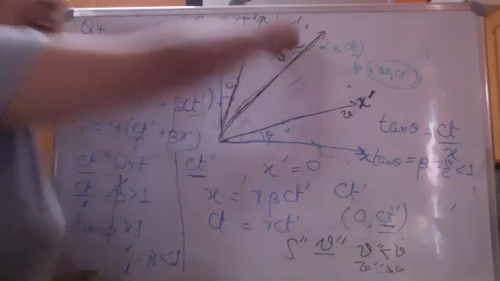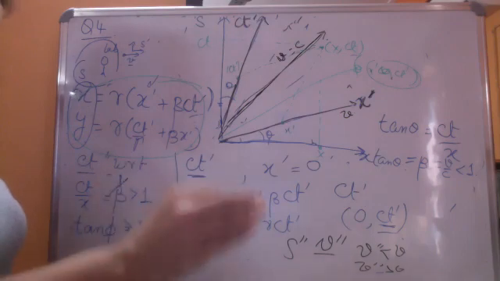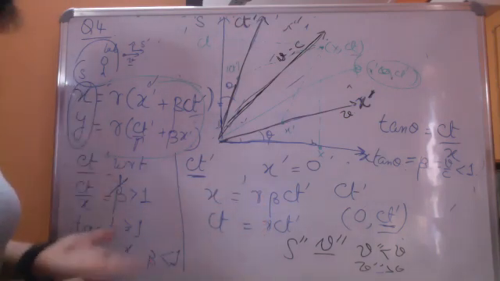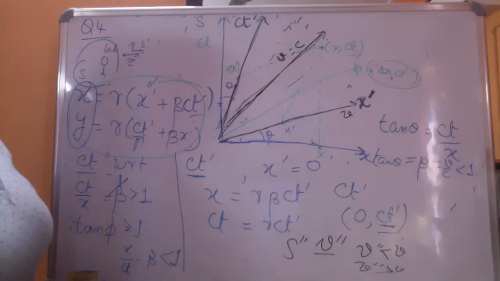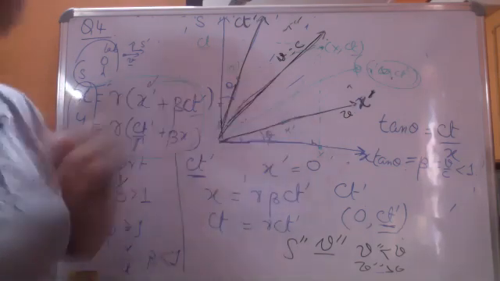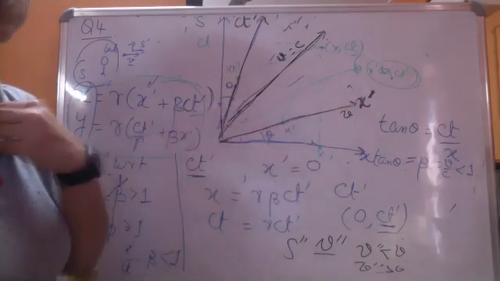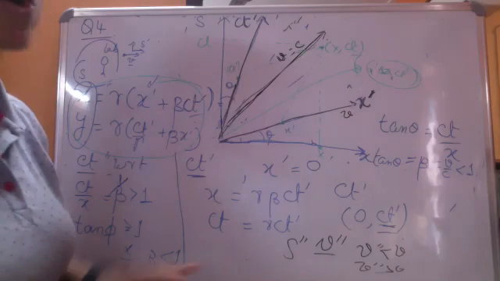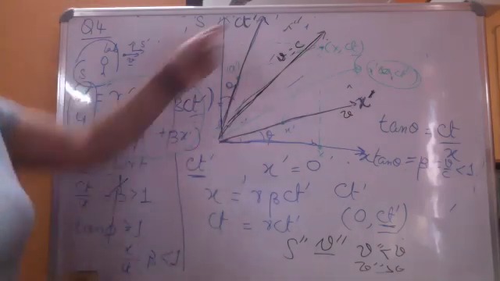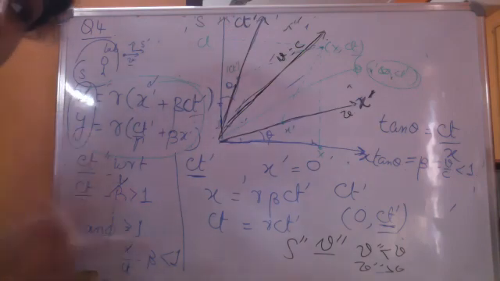As I said, there are infinite such lines, and which world line represents a particular case depends upon its initial condition. The given particle can be represented by different lines, and I exploited two of them, the two cases which interest me: one is the x prime axis, which corresponds to ct prime equal to 0, and the other corresponds to x prime equal to 0 and some ct prime. These two axes also represent world lines of this same particle.